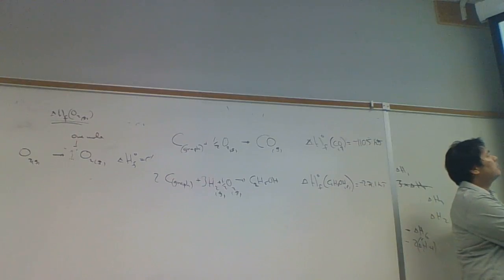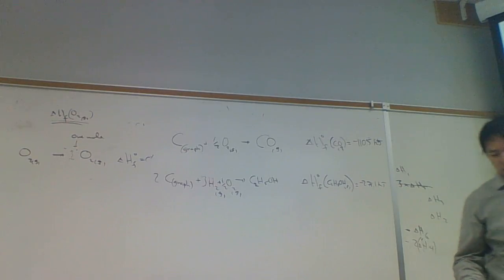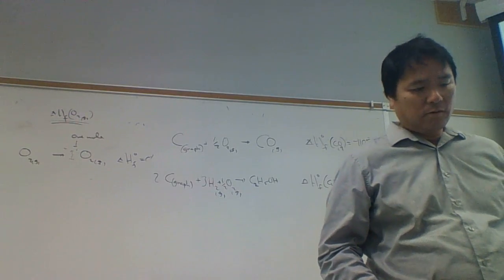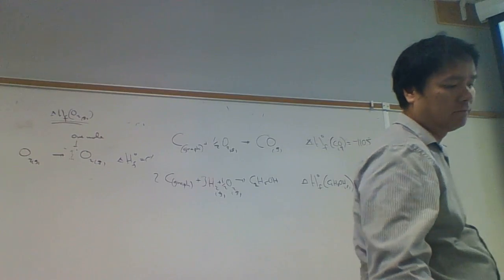In order to form atomic oxygen, it's going to cost you about 249 kilojoules per mole from regular diatomic oxygen. Ozone. In order to form ozone, it's going to cost you 142.7, because those are the non-standard forms of oxygen.